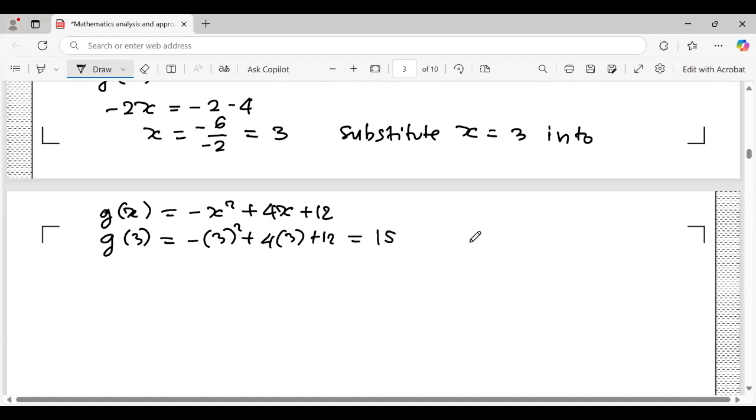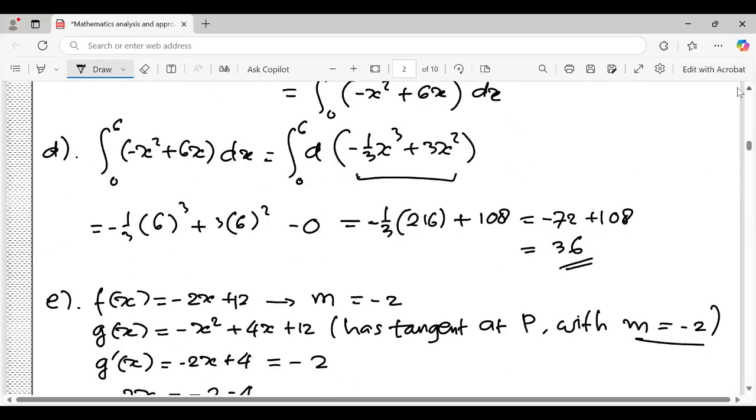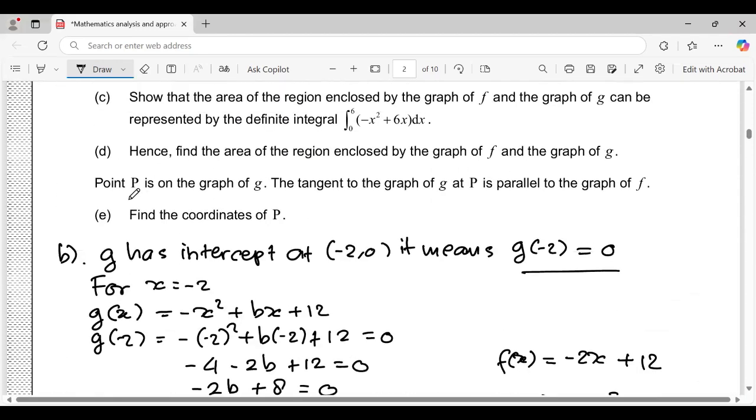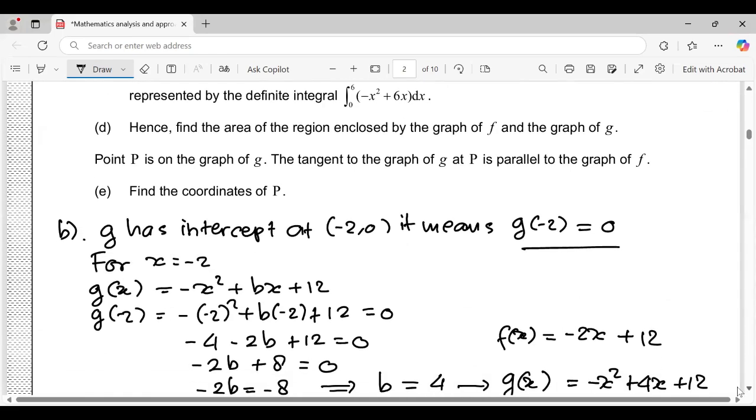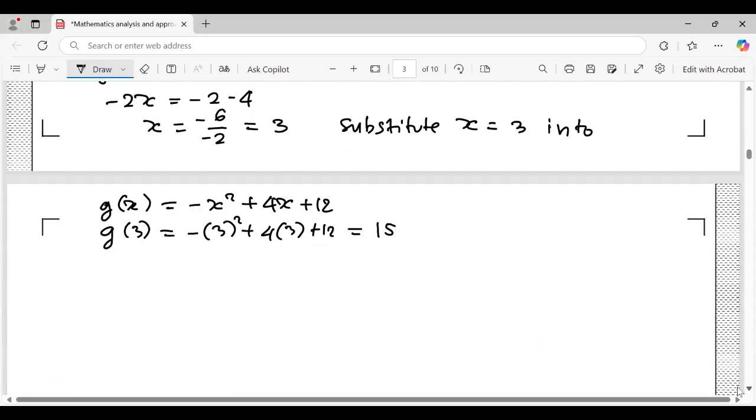So this is y, this is x. According to this question, find the coordinate point P, x comma y. So coordinate point P is 3, 15.